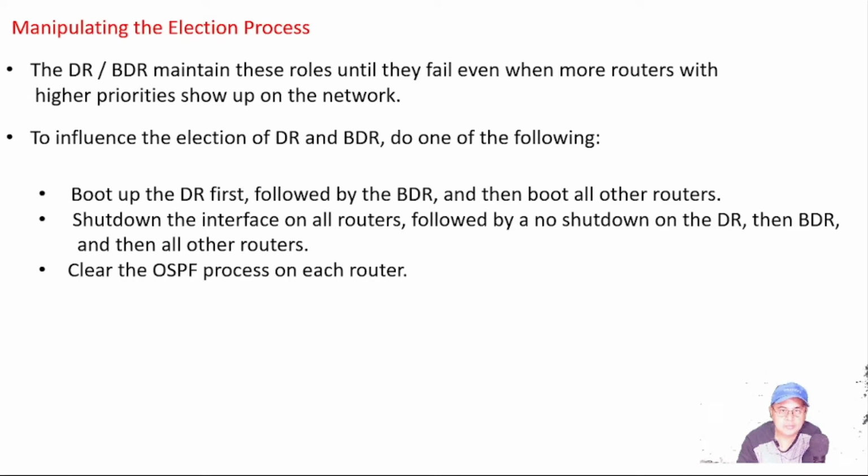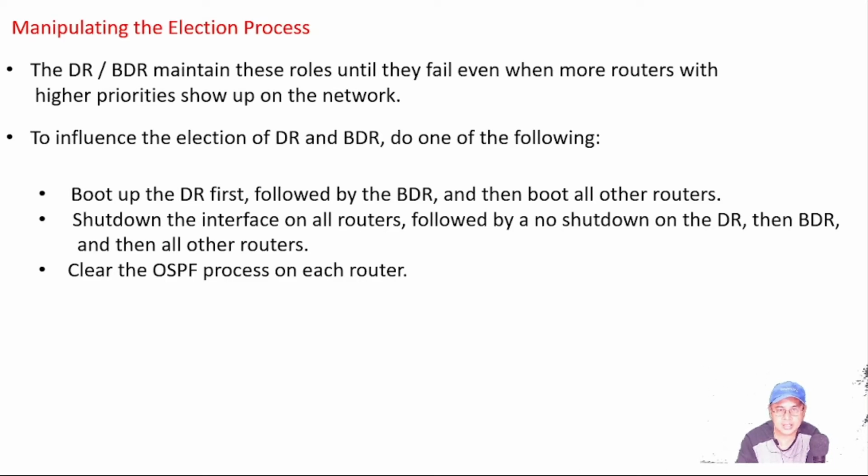Even if the router having the role of DR fails, a new router that is added in the network with a higher priority will not or cannot become the DR. So in our network a while ago, we have 3 routers.